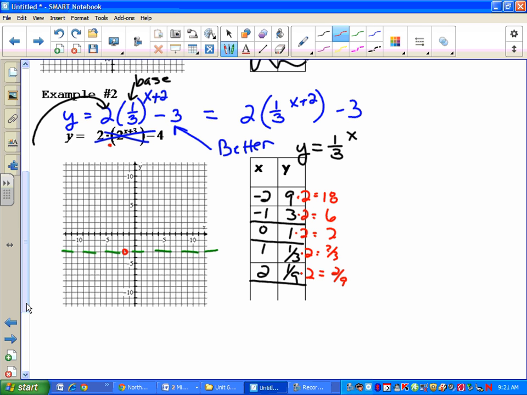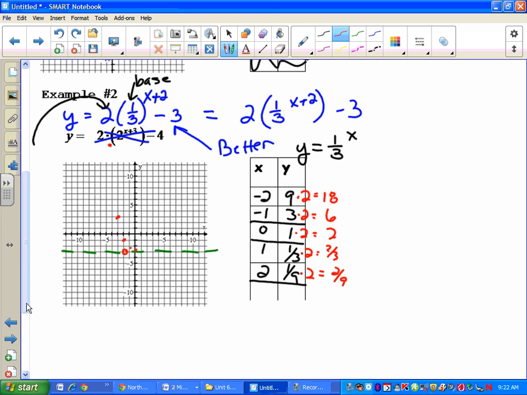Okay, now what? 1 to the left, up what? 6. 0 to the left or right, up 2. 1 to the right, up 2/3. 2 to the right, up 2/9, which is almost nothing.